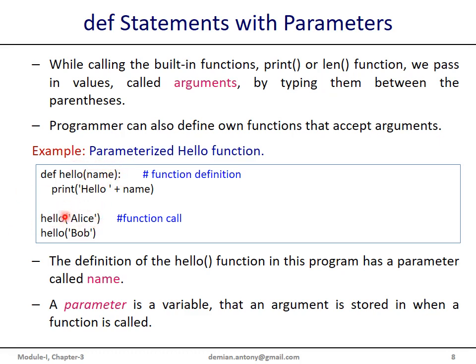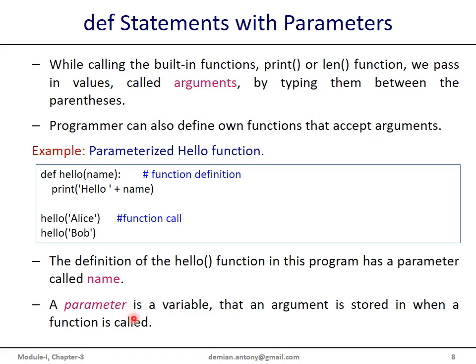Alice is the value, which is an argument, copied to the formal parameter name when there is a function call. Similarly, for this second call, the argument Bob is copied to the parameter name, and accordingly we get the message that is printed, hello Bob.